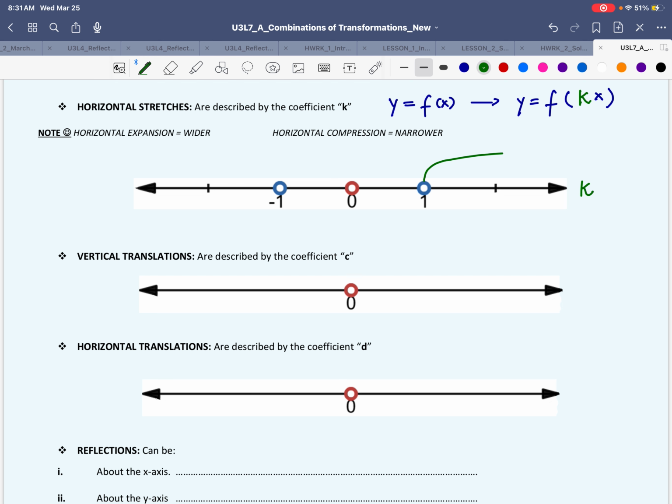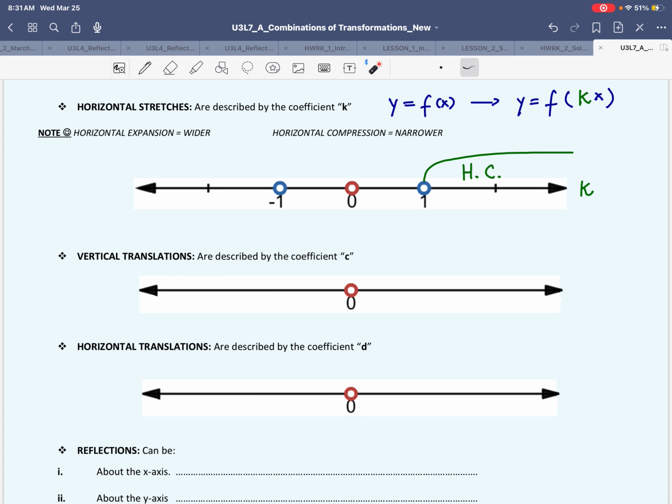If the values of k are greater than 1, then the function will undergo what we call a horizontal compression. We can compare this, for example, with someone that has extra fuel in their body, extra calories or extra energy. So this value of k, when greater than 1, will make the values of x bigger.